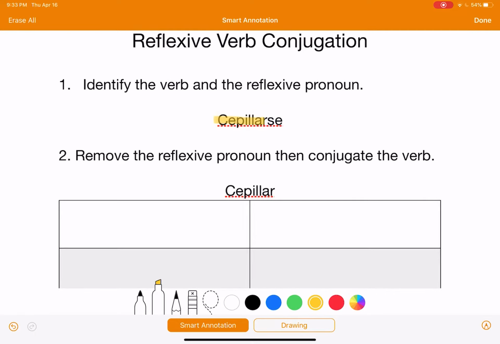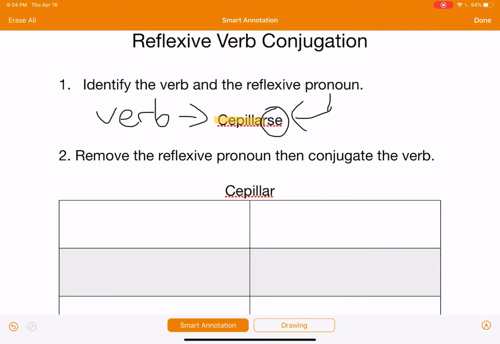That is my verb. Then my reflexive pronoun is this part at the very end, this se. So again, this is my verb, and this is my reflexive pronoun. That is the first step.